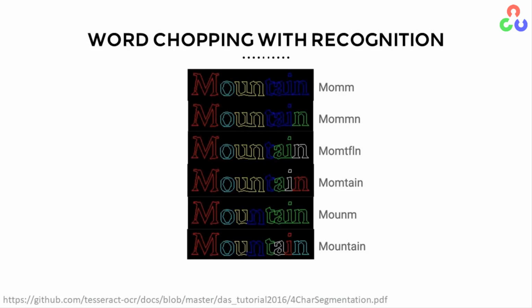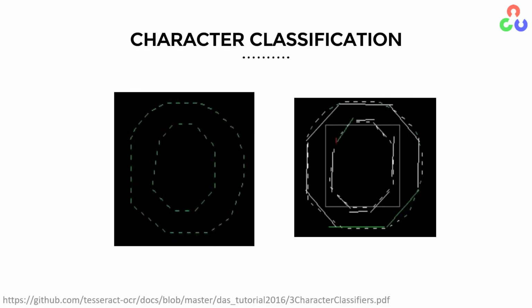Now, once we have separated the characters, they needed to be classified. So as we know, we need some kind of feature to classify a character. The features that they had learned were these lines, which are shown using these solid lines. Those are the features they learned.